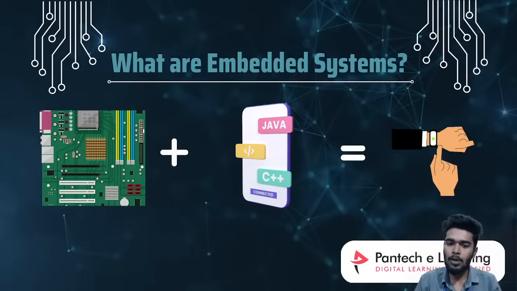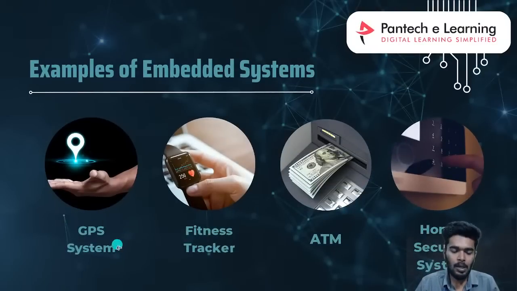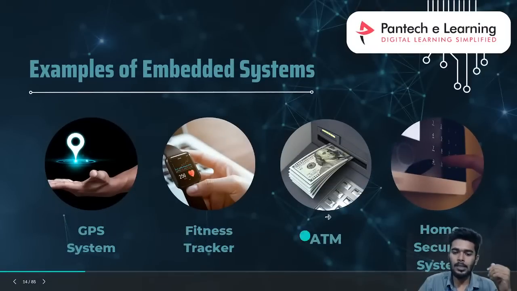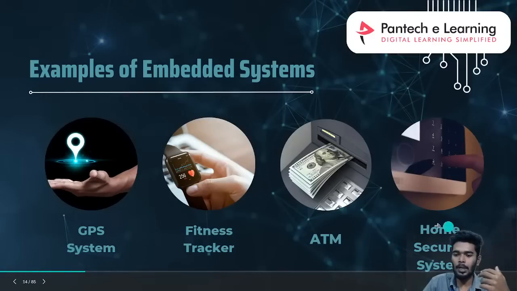So a smartwatch is a good example, and other applications are like a GPS system, fitness tracker, ATMs, and home security. Now home security is getting updated. So lots of homes are implementing this security system. It all comes under IoT or embedded systems. Both are the same.